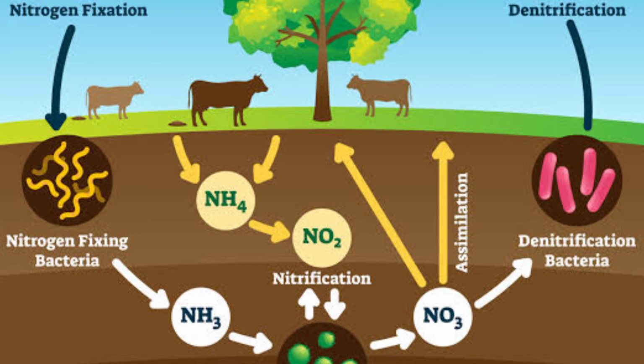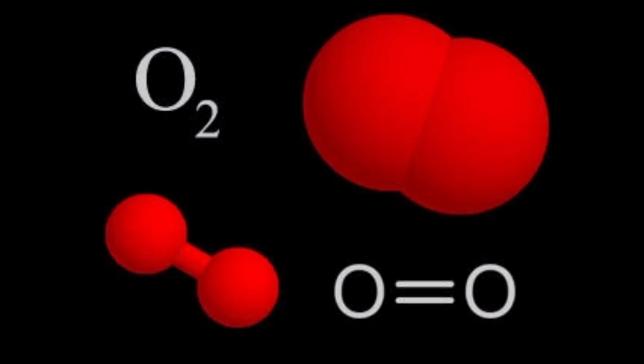Through the nitrogen cycle, nitrogen makes its way into soil and water, binds with other elements, and can be used by living things. Oxygen from the atmosphere causes oxidation reactions that help break down matter and release nutrients into soils, and is used by humans and animals in cellular respiration.